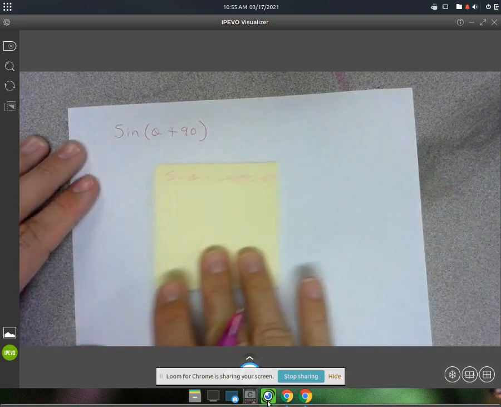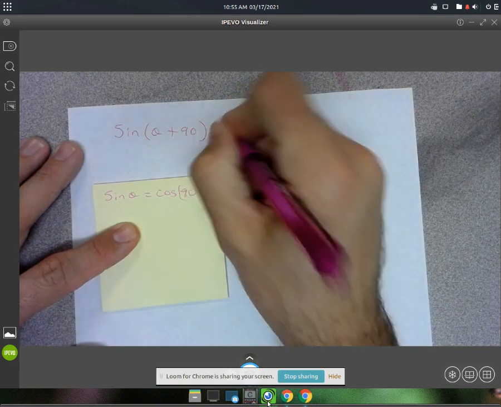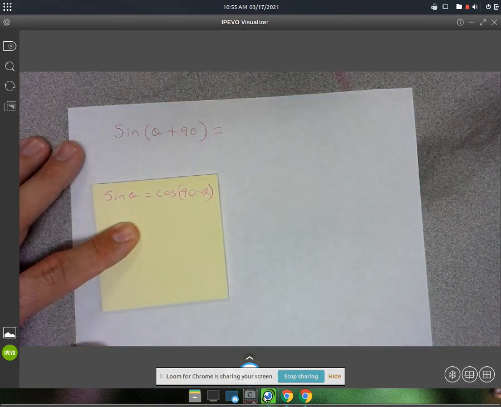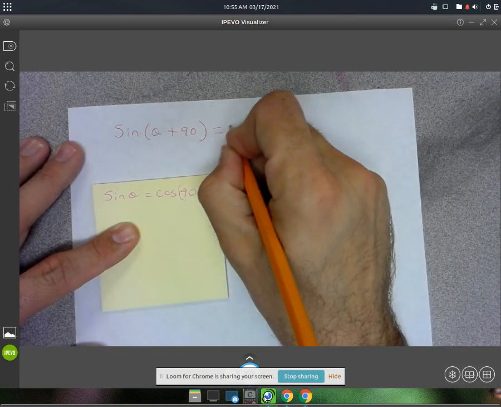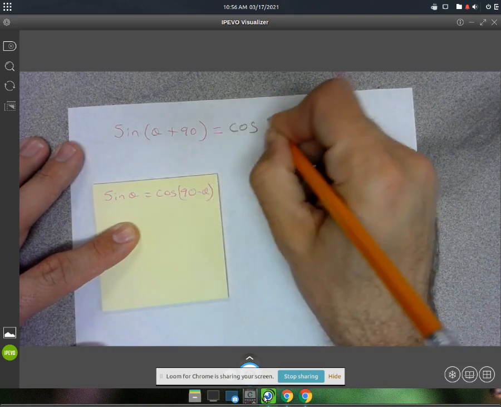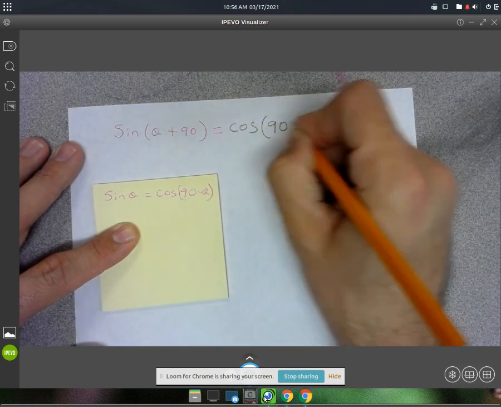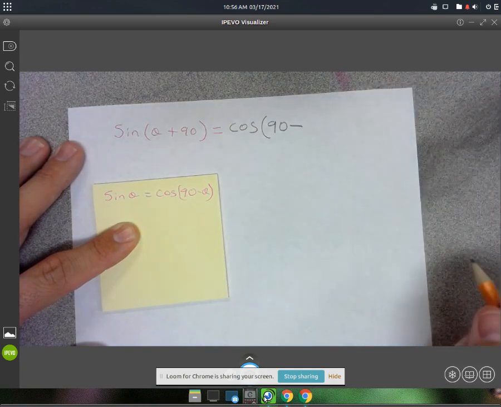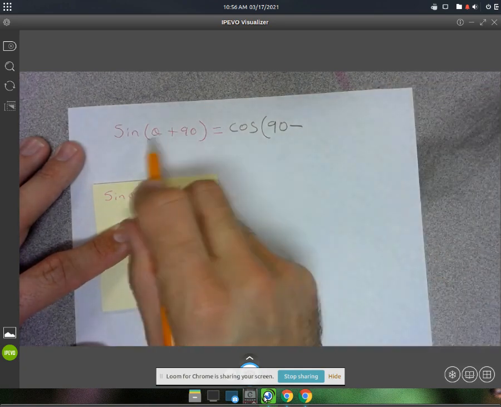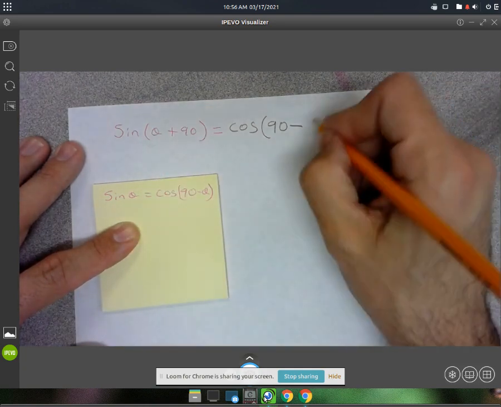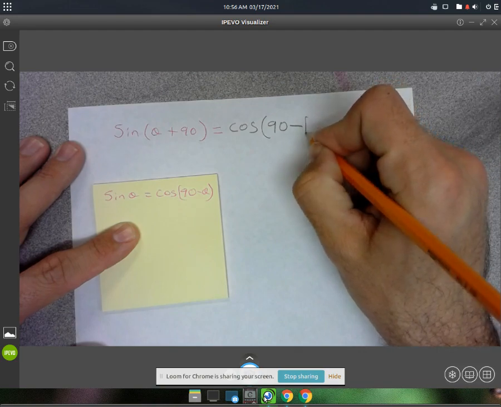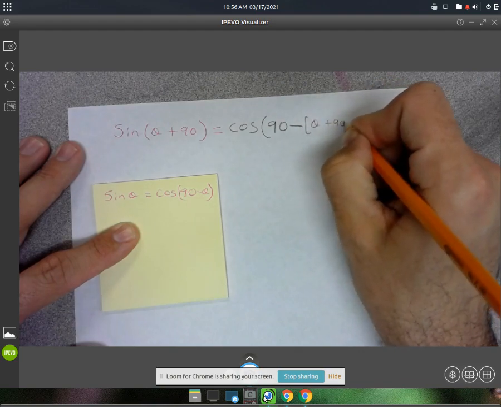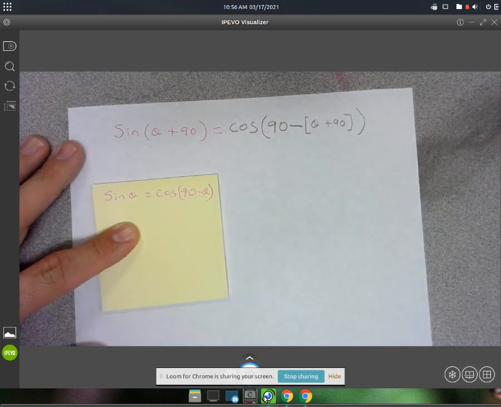All right, that's what we're going to do here. So instead of sine of this angle, I'm going to rewrite it as cosine of 90 minus whatever this angle is, this entire angle right here. So minus, and then it's going to be theta plus 90, like that.